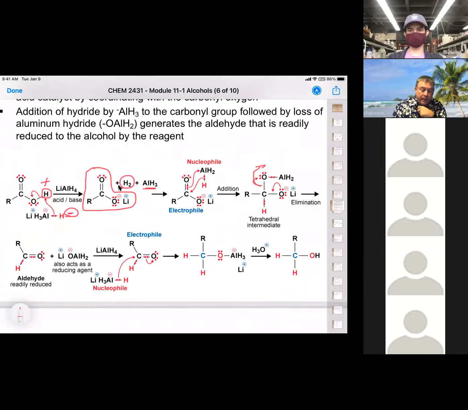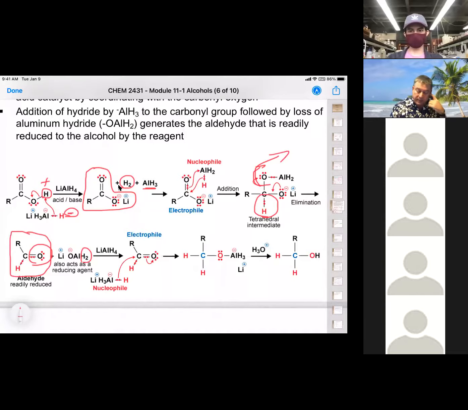So we've generated an aldehyde from our carboxylic acid because one of the oxygens has been replaced with a hydrogen, but then we've generated another carbonyl compound, and then we have 2 remaining hydrides left.